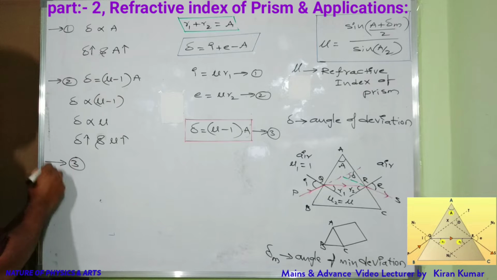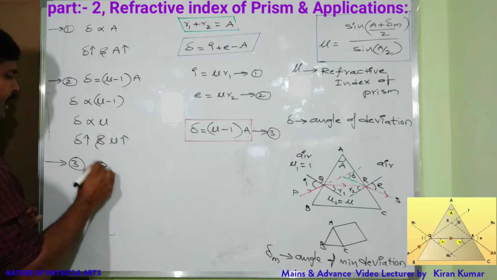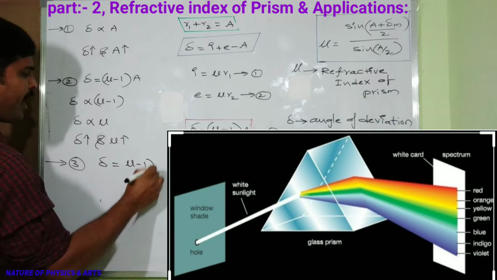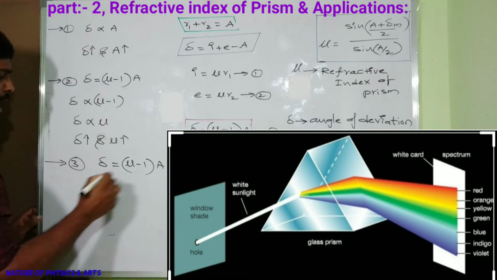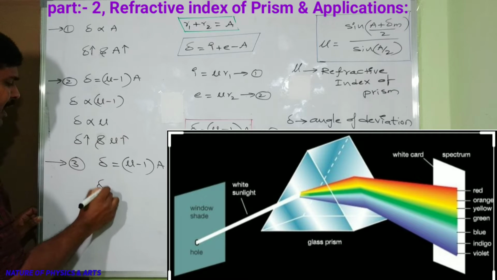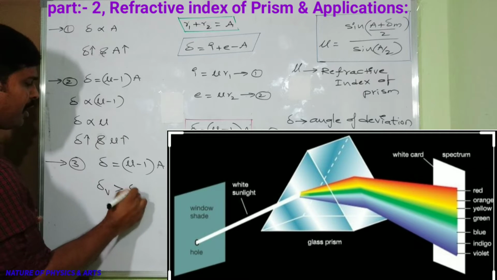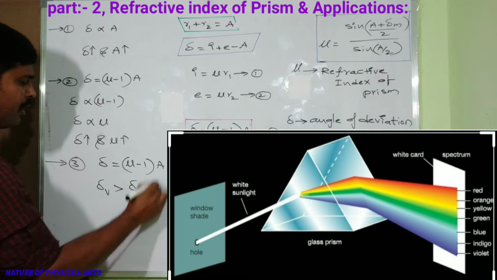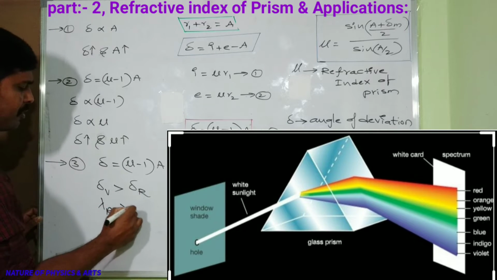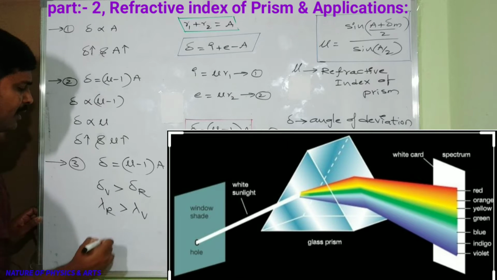Now third relation: delta is equal to (mu minus 1) into A, and for this, in dispersion, the deviation angle of violet is greater than the deviation angle of red, and the wavelength of red is greater than the wavelength of violet.